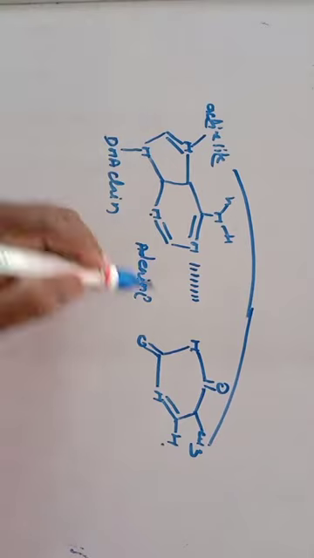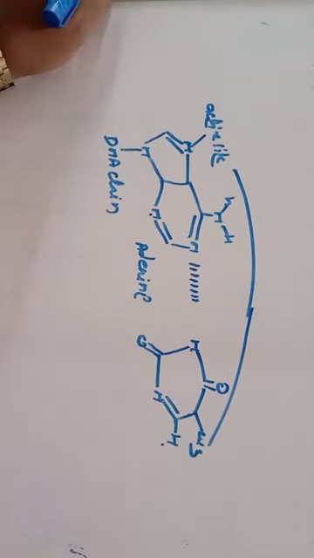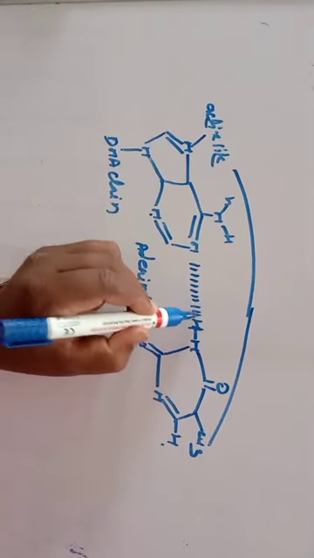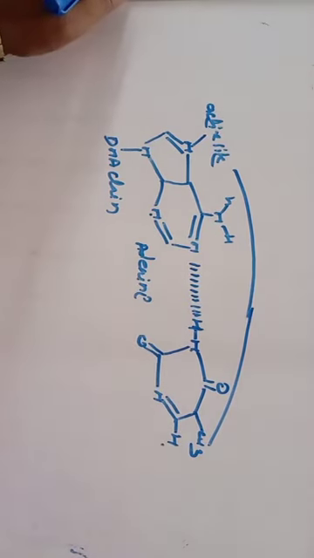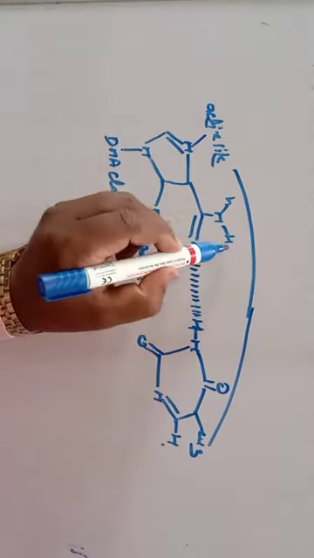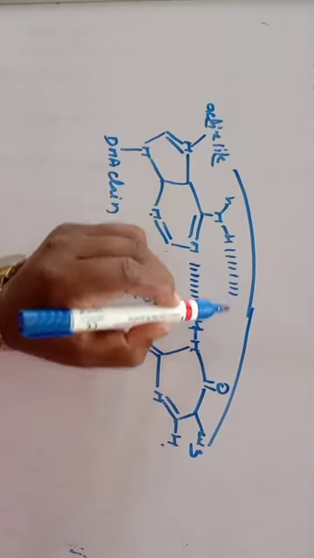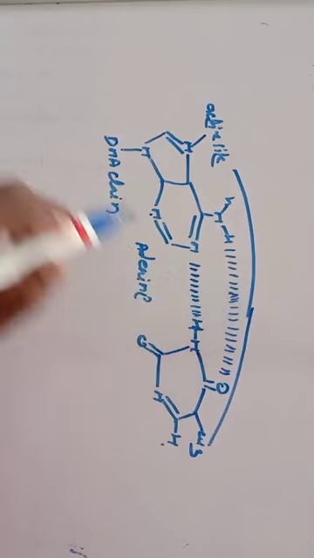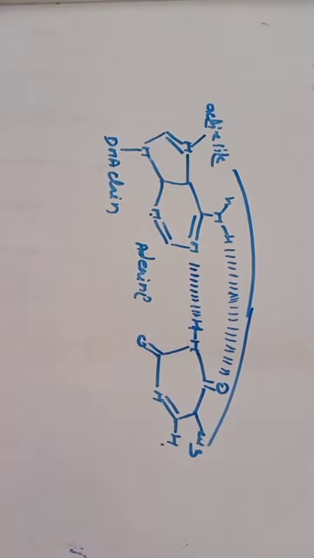There is hydrogen bonding between this NH and the nitrogen. Also there is hydrogen bonding between the hydrogen of this NH2 and this oxygen.